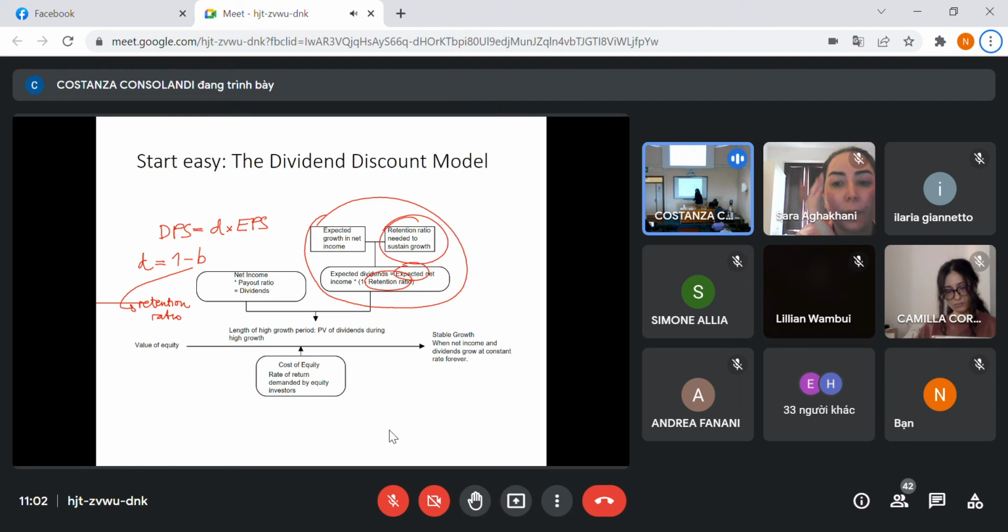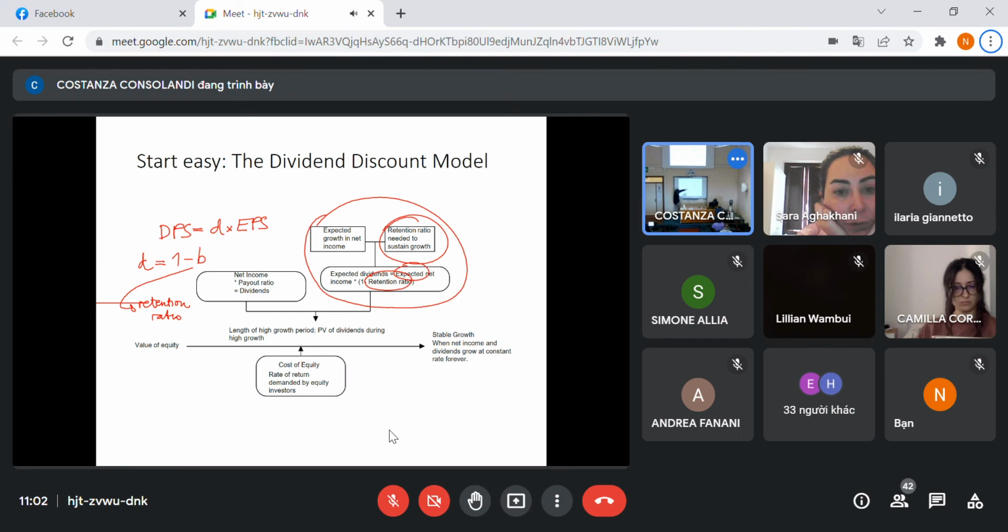And we will see that the higher the retention ratio, the higher the growth rates. MS in Finance students are supposed to already know this. And I invite MS in Finance students to have a look at the undergrad program on this, just to help me in doing the lesson about growth rates, okay? Because I'm lazy and I want you to work.